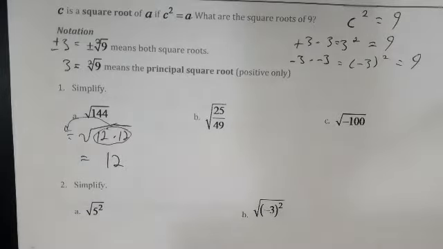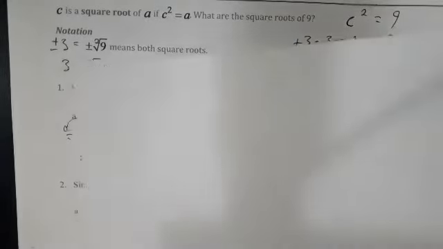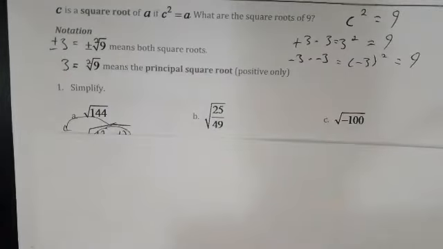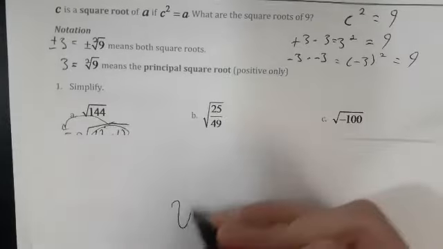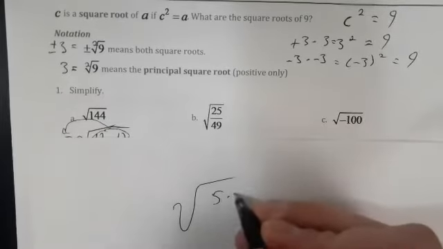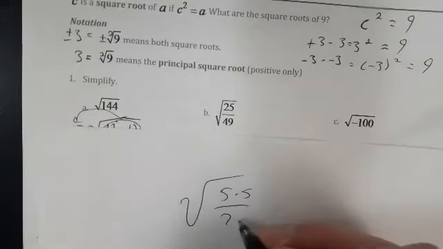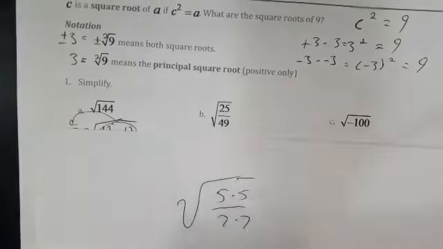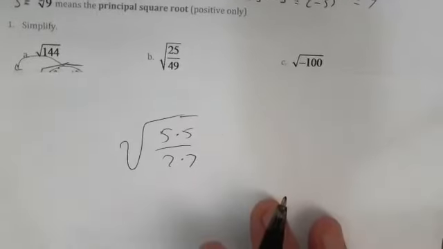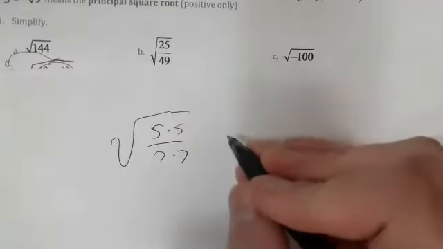Here, I think they're trying to get us to a rule with part B. With part B, I see the square root of 25 over 49. Break this thing up into its factors.